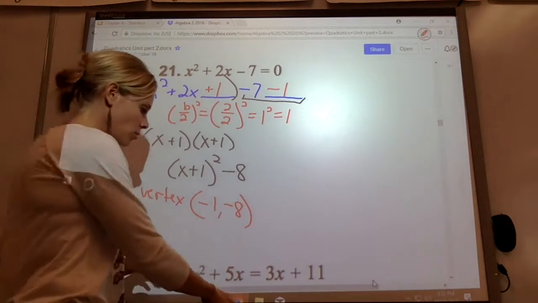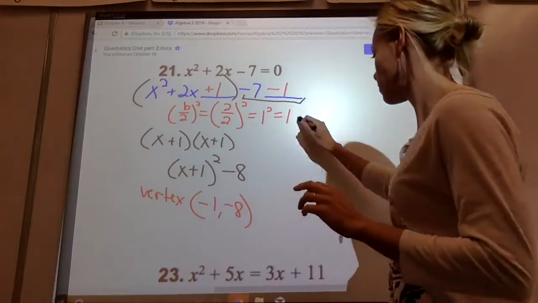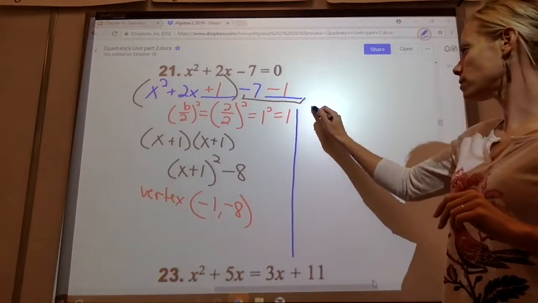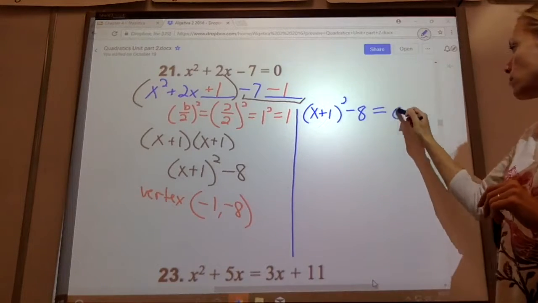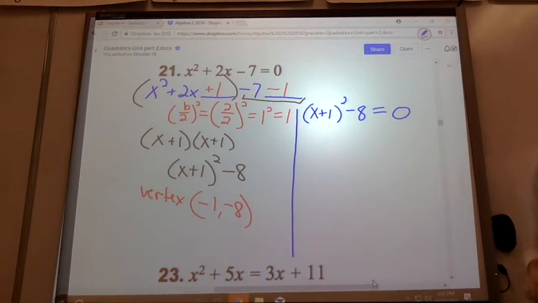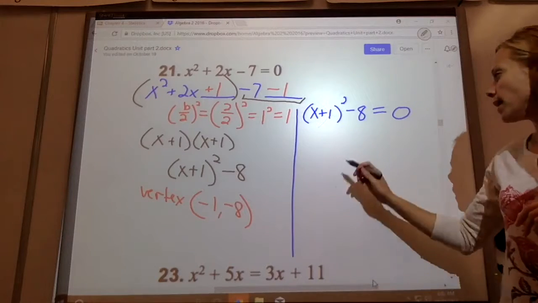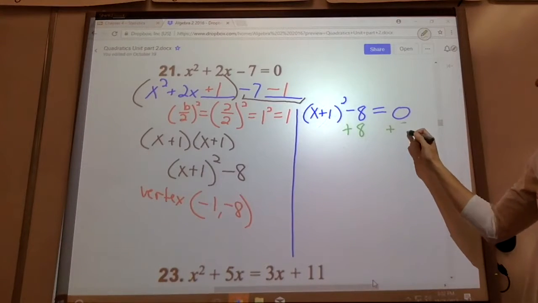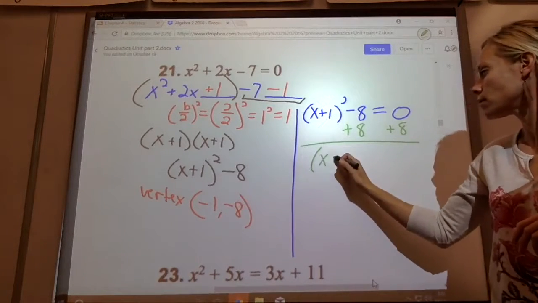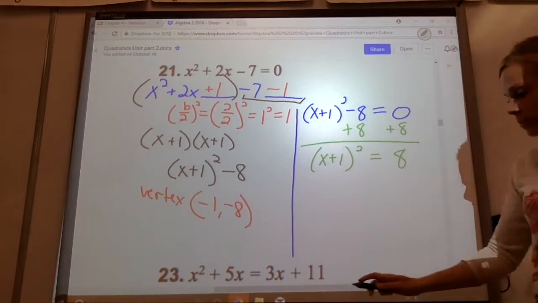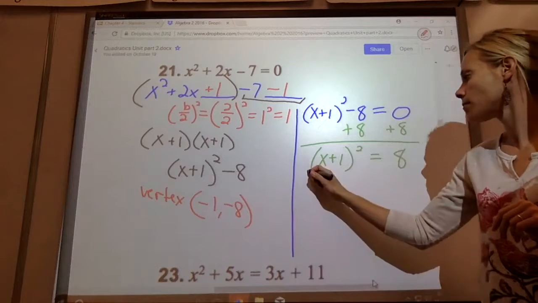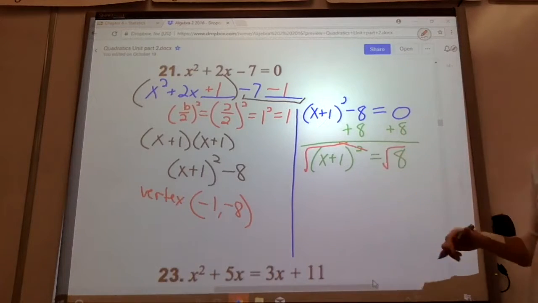And then I can use that vertex form to find my roots by setting it equal to 0. So I would add 8. Square root both sides to get rid of that squared.